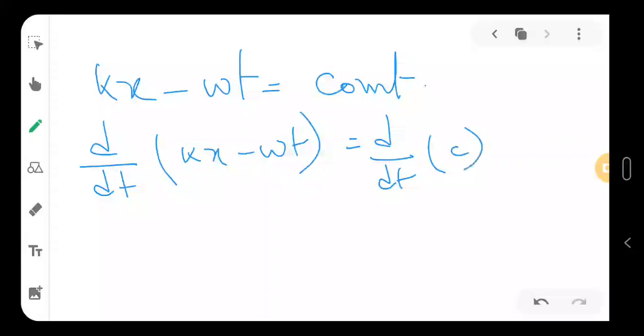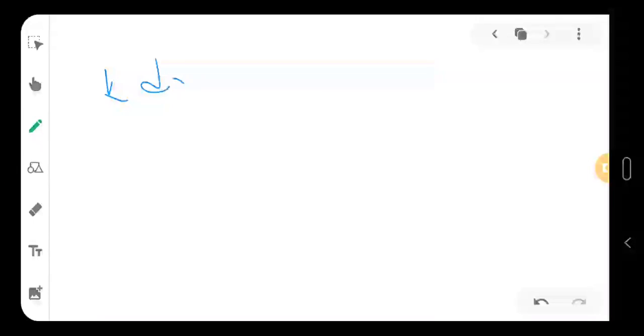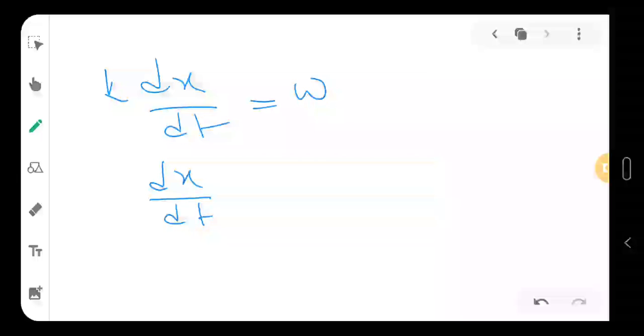We know that k will be outside because k is a constant, so we get k dx/dt. We get ω here because d/dt of t is 1, and we get 0 here because the differentiation of a constant is 0. So we can write from here that k dx/dt is equal to ω. So dx/dt, which is nothing but our velocity, is equal to ω/k.